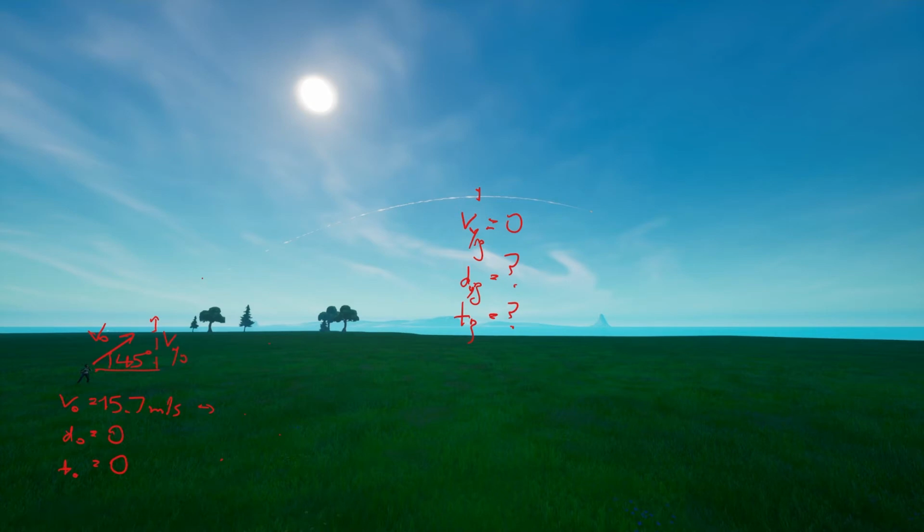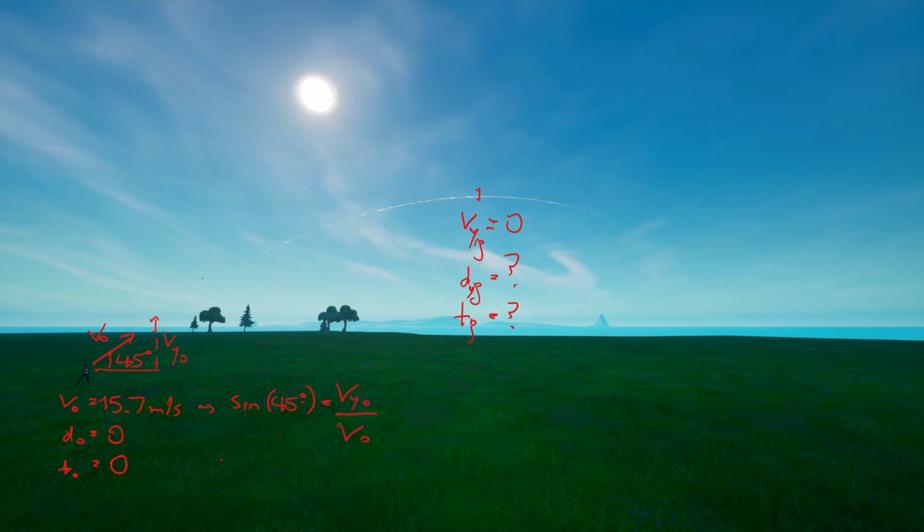If you remember some basic trigonometry, we know that the sine of an angle is going to be the opposite side divided by the hypotenuse of that triangle. In this case, sine of a 45-degree angle equals the vertical velocity vy0 divided by the velocity of the hypotenuse, which is v0.